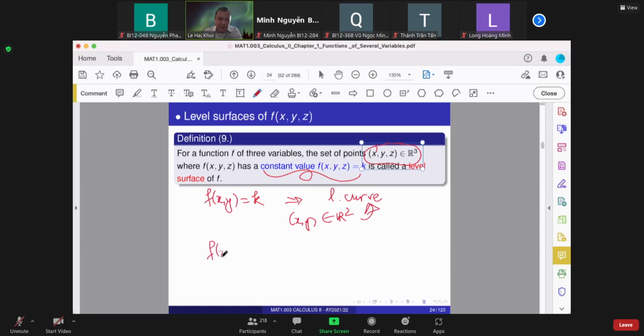Then for three variables, we call it a level surface, because the points x, y, z in R3 form a surface in R3. So the names are curve and surface.